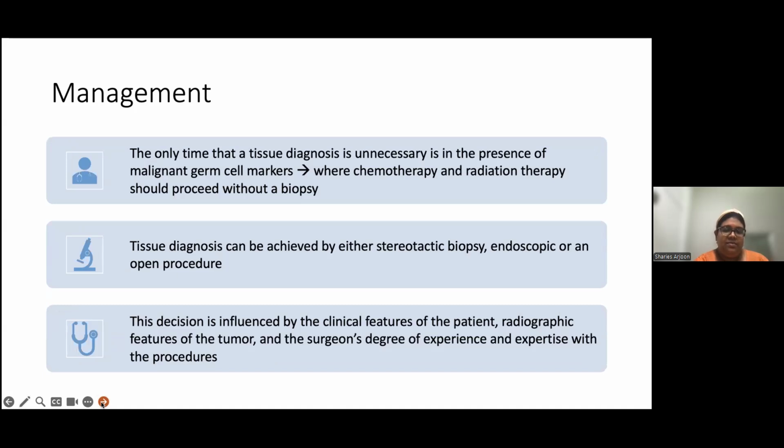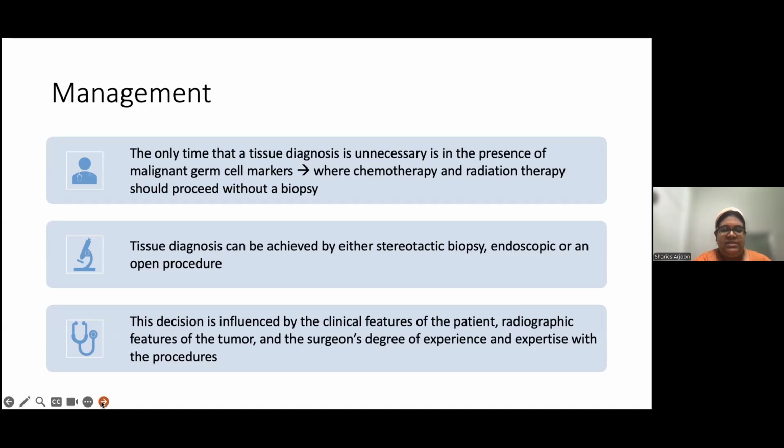The only time that a tissue diagnosis is unnecessary is in the presence of malignant germ cell markers, where chemotherapy and radiation therapy should proceed without a biopsy. Otherwise, tissue diagnosis can be achieved by either stereotaxis, endoscopic, or an open procedure, which we will delve into later on.